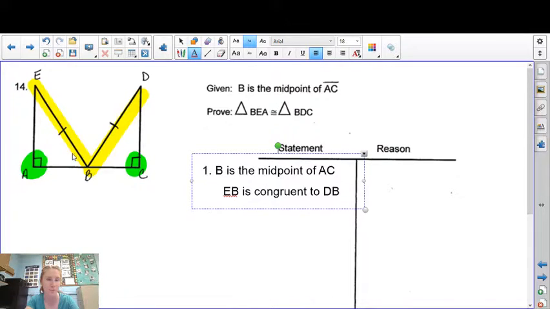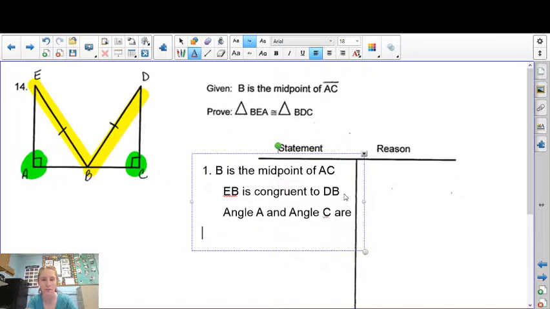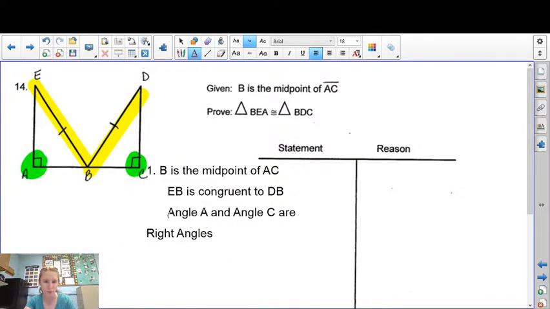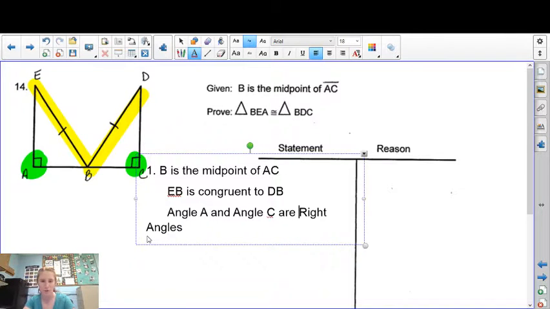So since I have these tick marks already on here, I can state that they are equal in that form. And what else do we know? Angle A and angle C are right angles. I'm trying to not shorthand, typing all the words out, so we understand the concept, so we all agree.